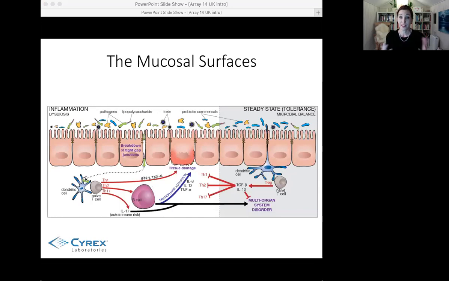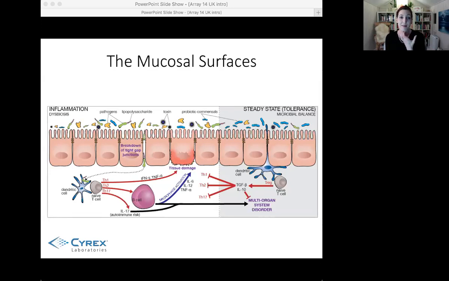The mucosal surfaces are home to 70% or more of the immune system, and the mucosal immune system acts as the primary host defense against physical environmental factors such as food, airborne molecules, viruses, and also commensal antigens that are living on our skin, in our lungs, in our nasorespiratory tract, and of course in the gut. The mucosal immune system plays a really significant role in the barrier surfaces of the skin.